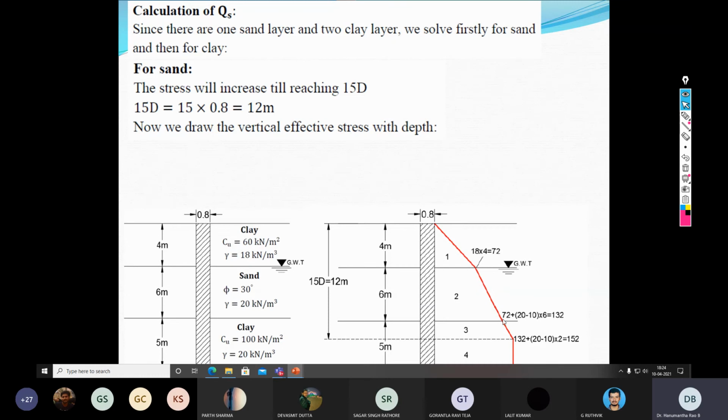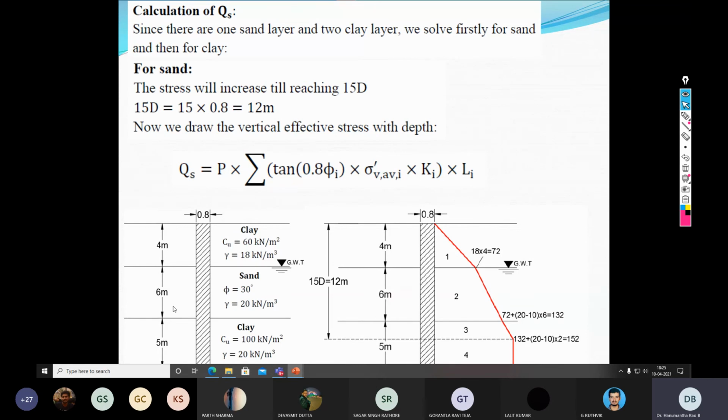So this linear variation indicates that up to 12 meter depth, the unit skin friction fs increases linearly, and thereafter it becomes constant. Now the equation for Qs is perimeter multiplied by summation of tan delta, delta is 0.8 times phi, and sigma v dash into K into length of the soil layer.